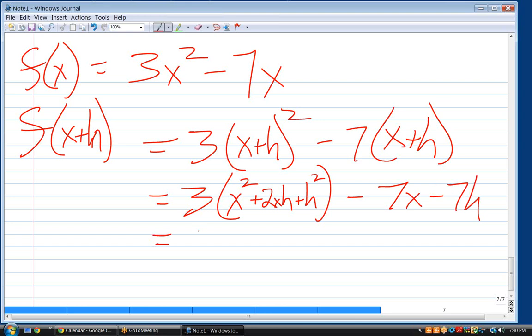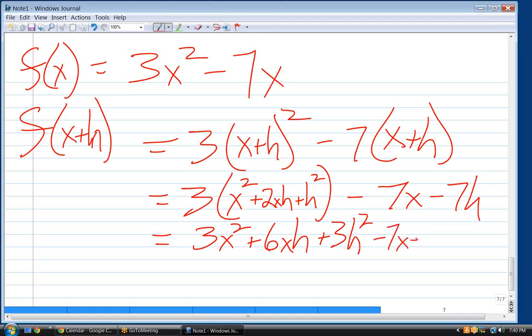Putting it all together, we have 3x squared plus 6xh plus 3h squared minus 7x minus 7h. So that's what f of x plus h is.